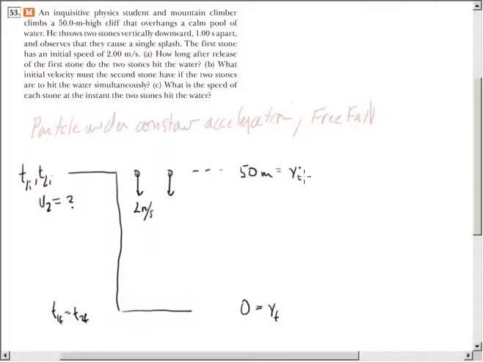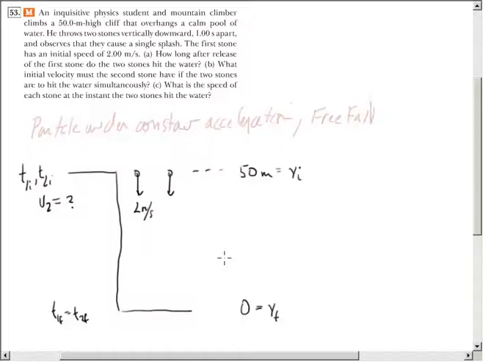What other information do we have? Once again, pause the video and consider the fact that they made the splash at the same time indicates, of course, what we've already stated, that T1 is equal to T2 final.